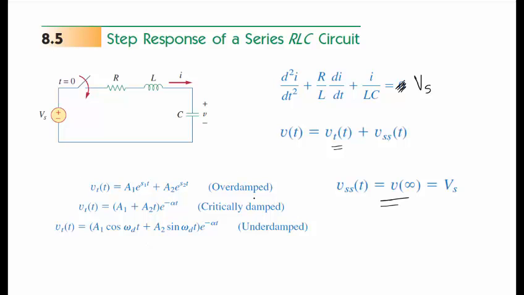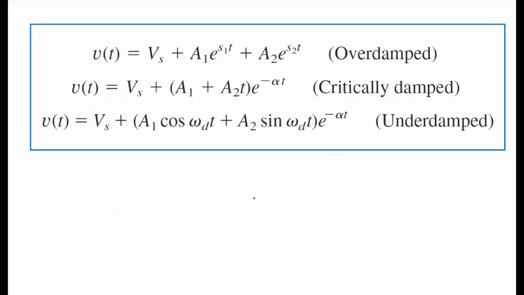So we can therefore see that the final solution for the voltage in this circuit, with the application of a step to it, meaning the switch is closed and a voltage is applied, will be this. So here the solution is now completely defined except for the unknown coefficients A1 and A2, which we're going to find using the same application of initial conditions to the circuit.